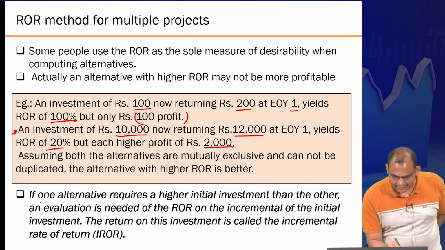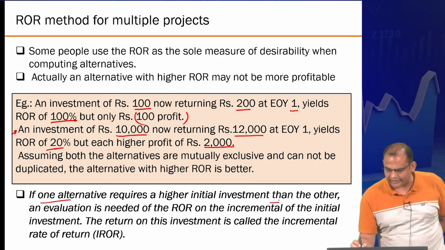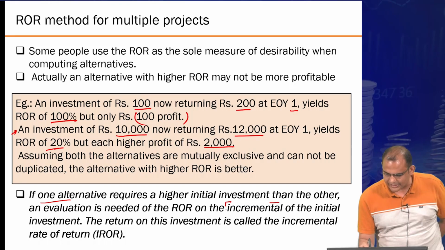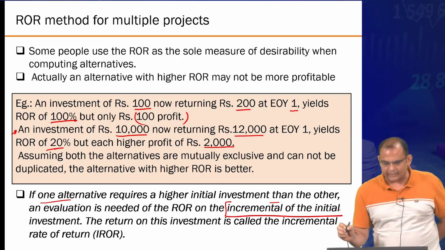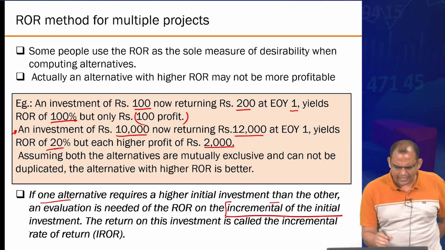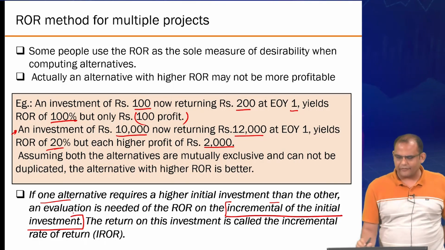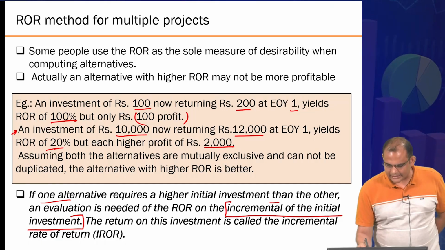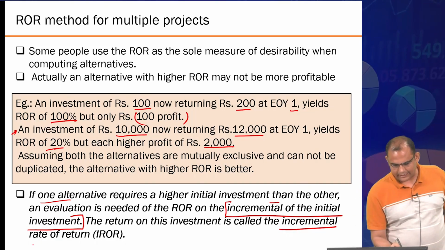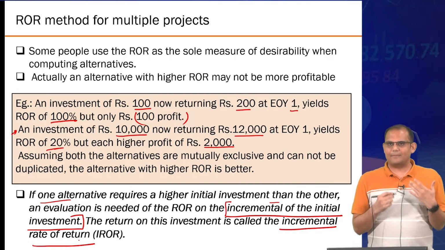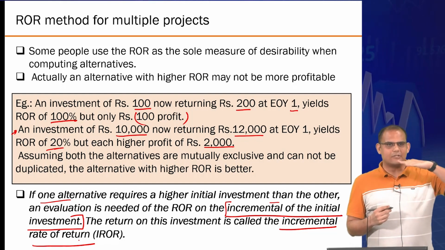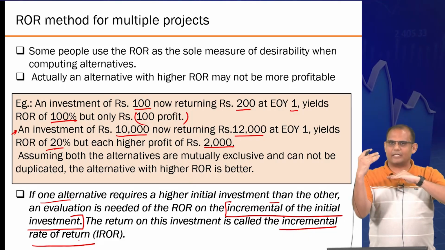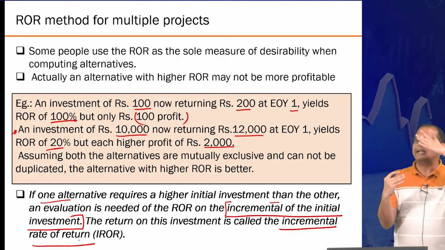So, if one alternative requires a higher initial investment than the other, an evaluation is needed on the ROR on something called the incremental of the initial investment. This concept you have already kind of understood in assignment 1, but let me repeat it for you. This is basically called incremental rate of return. So, what I am saying is, let's say there is a cash flow series of the current alternative and there is a cash flow series of alternative 2 which costs slightly higher.